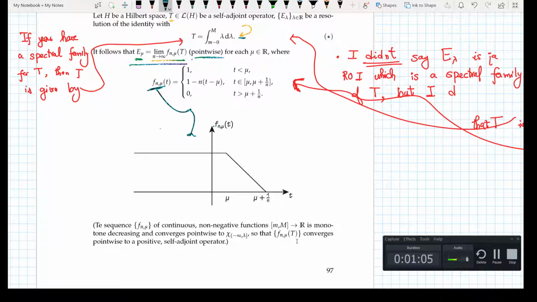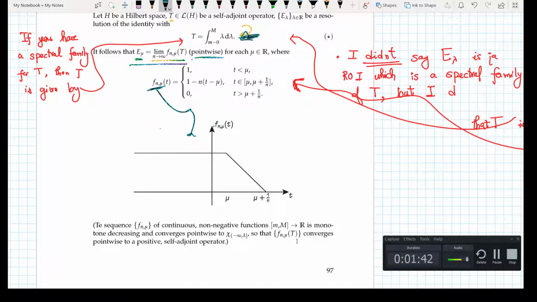And the last thing that I would like to discuss is, if you make a summary of what we have done till now, we have defined resolution of identity. We have said that if a resolution of identity has some special properties, then this resolution of identity is a spectral family for T. The next thing we say is that if E lambda is a spectral family for T, then T can be reconstructed with this formula.